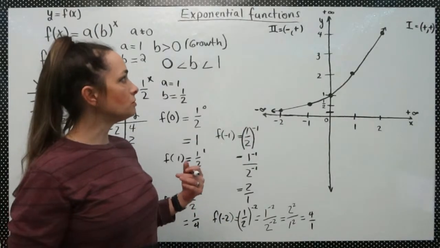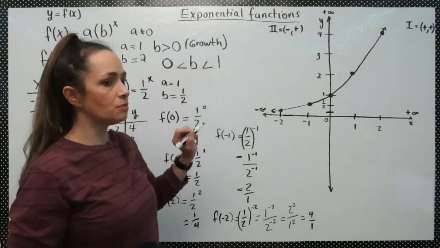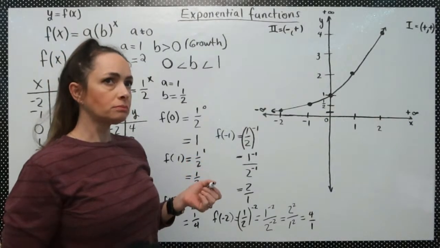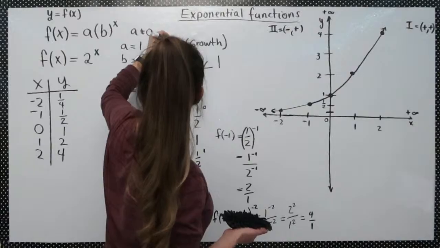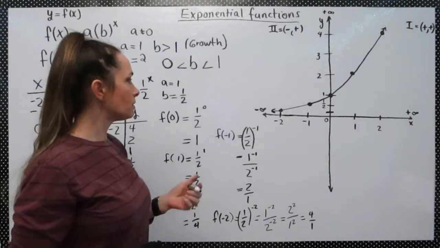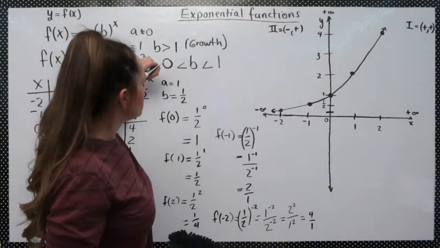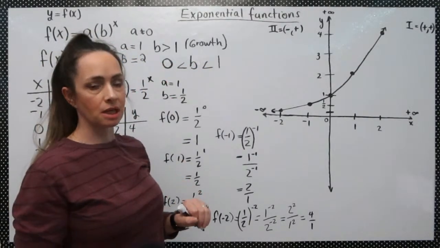The exponential model for growth for this one would be b greater than 0, or actually it's greater than 1. My bad, I have to make sure that I say that correctly, because if it's between 0 and 1, you have a different situation, you have a decay.